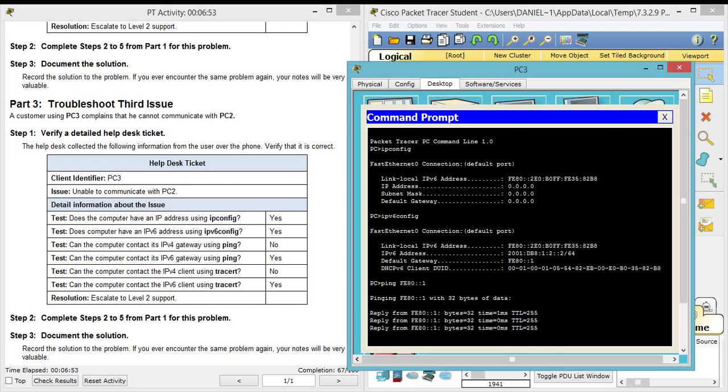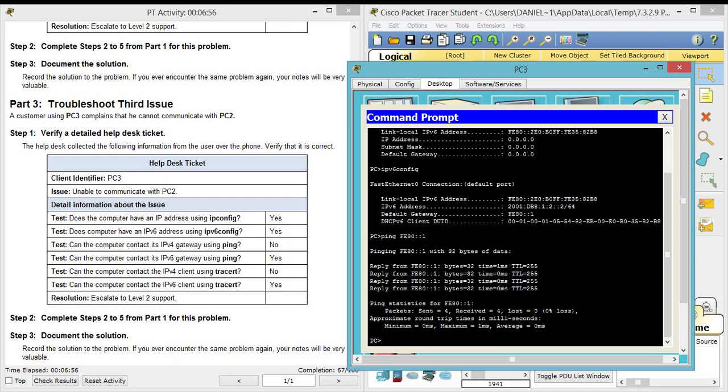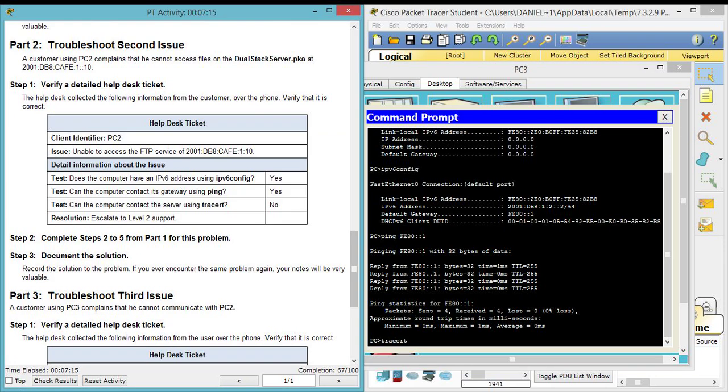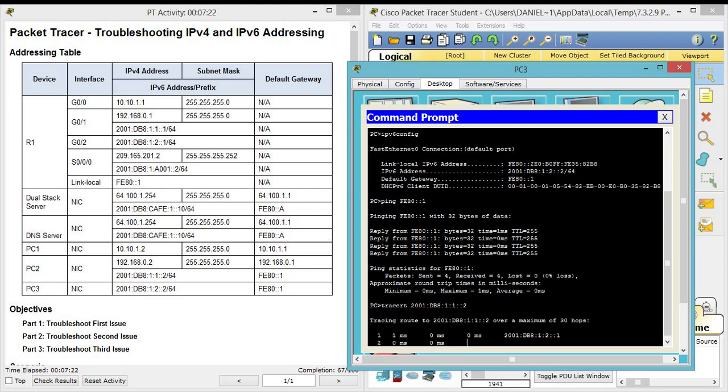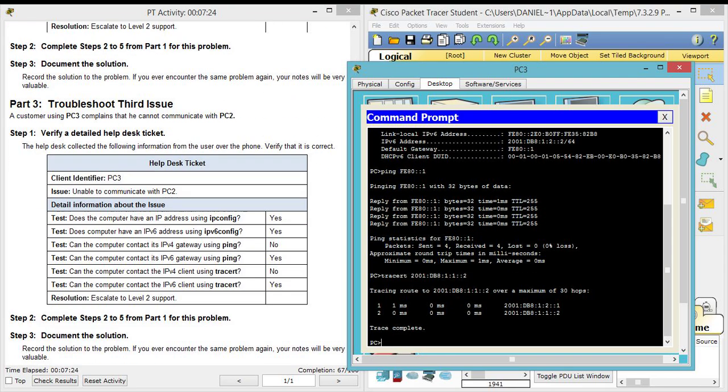We can ping the IPv6 gateway. Tracert, oh right, we can't tracert 0.0.0.0 because that's not a valid IP address on this network, or on any network for that matter. Tracert PC2. Yes, it can.